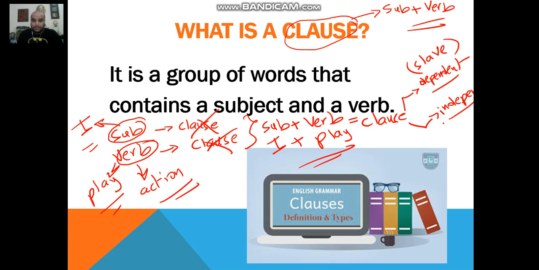However, the independent clause is the free clause. Clear? Because it can be understood by itself. It does not depend on another clause to be understood. However, the dependent and independent clauses both have subjects and verbs.